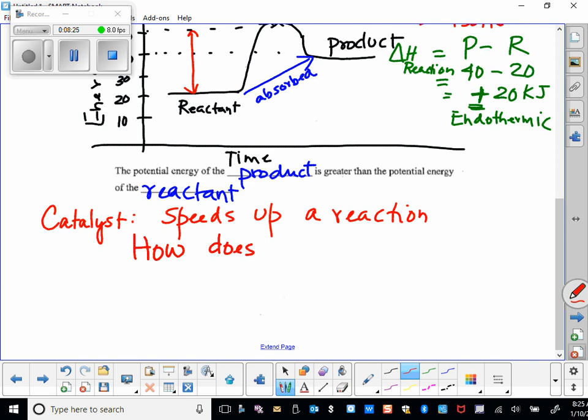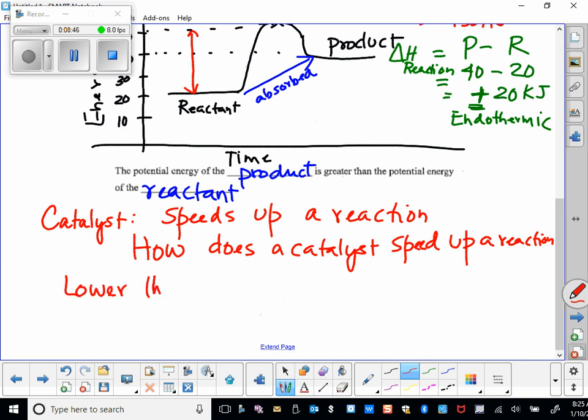How does a catalyst speed up a reaction? That is the question, using the potential energy graph. What does the catalyst do? A catalyst lowers the activation energy and speeds up a reaction.